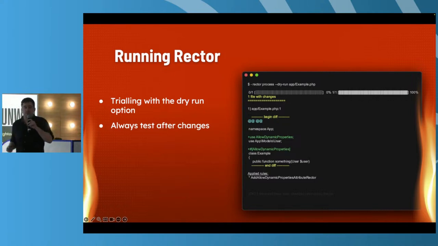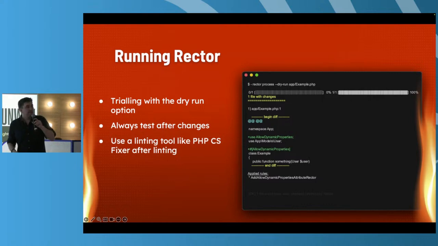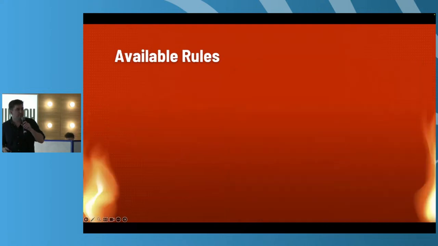That's another reason to do dry run. Also, once you have actually run Rector on your files, it doesn't notice white space, so it can also make a mess of that. It's best to have a linting tool like PHP CS Fixer in place, so that way it will clean up afterwards.